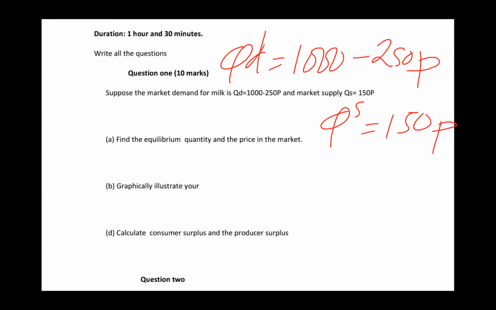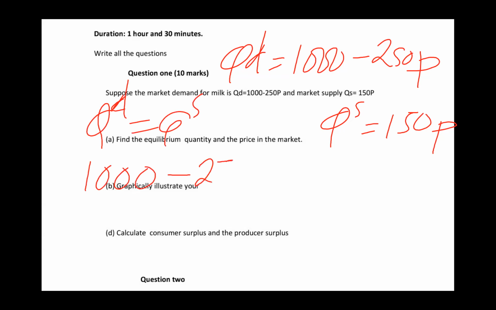What do we do? Anybody? What do you think we can do from here to find the equilibrium quantity and the equilibrium price? Equate the equations. Okay, so we know that the quantity demanded is equal to the quantity supplied. So 1,000 minus 250p should be equal to 150p.